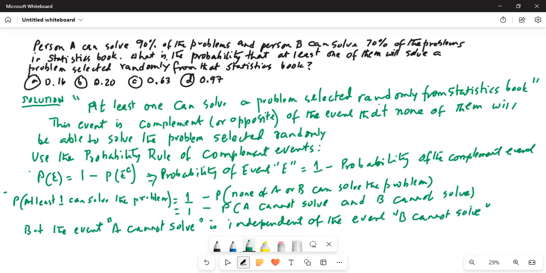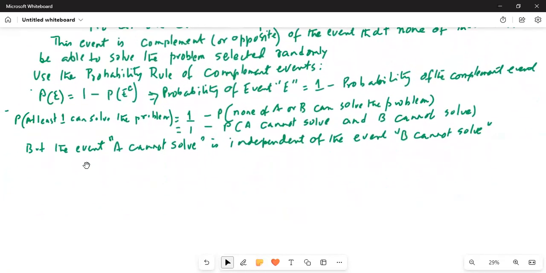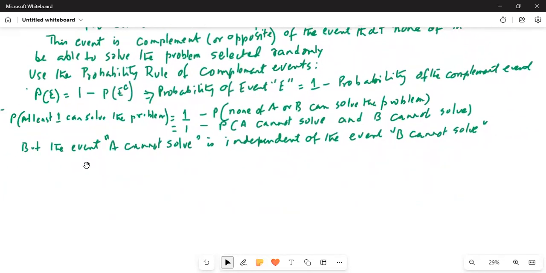And another rule of probability that we will use is for independent events.